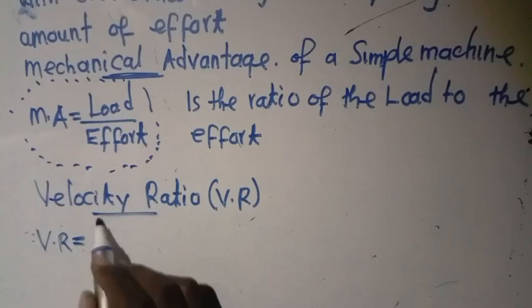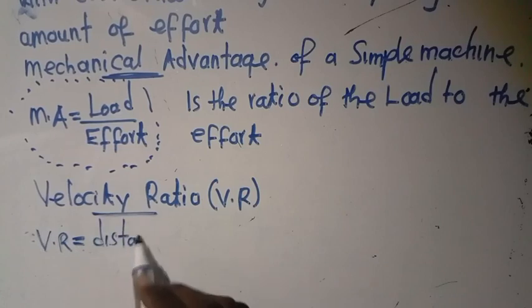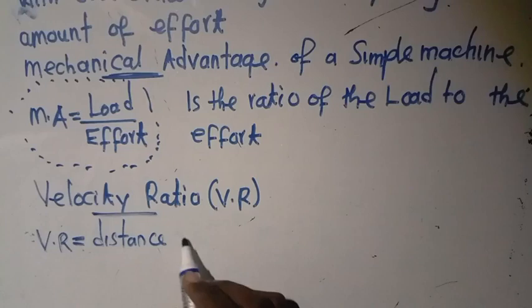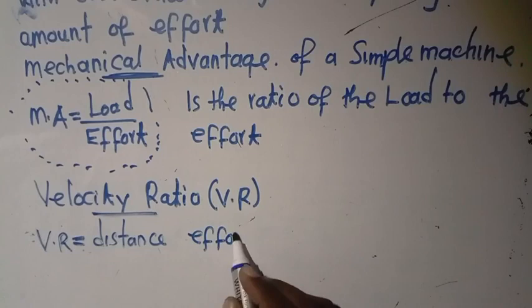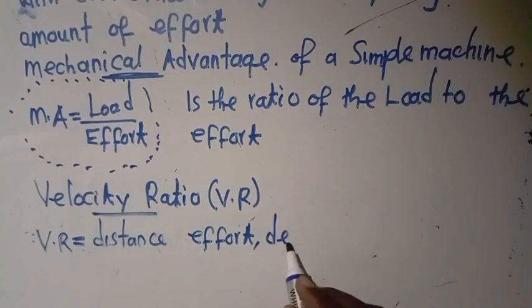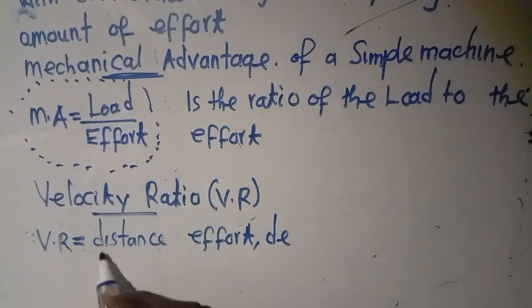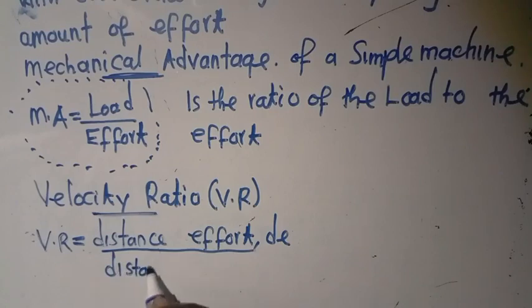Velocity ratio is equal to the distance moved by effort, DE, over the distance moved by load, DL. This is a particular formula that you need to know and understand.